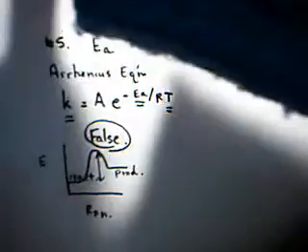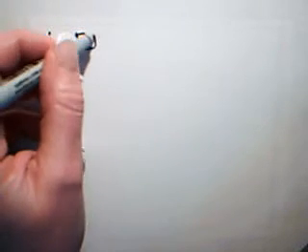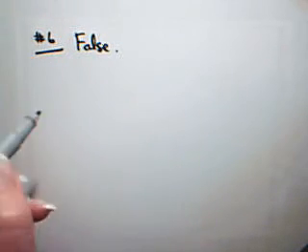And finally, let's do number 6 in this single clip. Number 6 says that the temperature has no effect on reaction rate. And I think it's almost intuitive that this is for sure false, but we'll just demonstrate that.